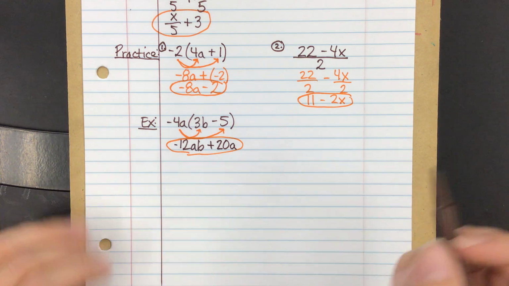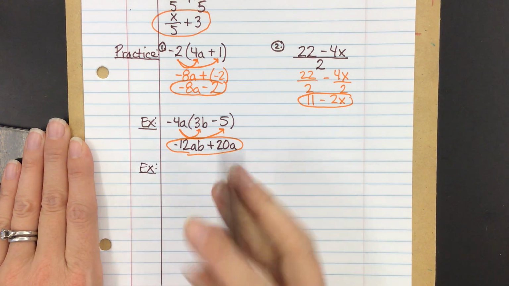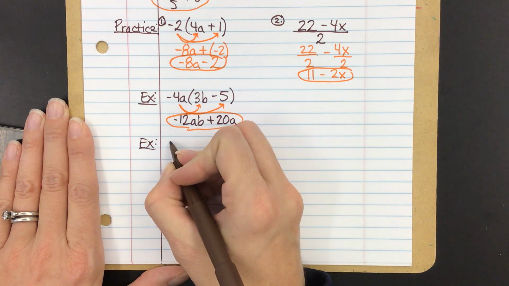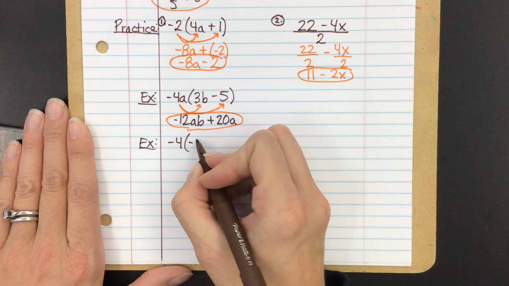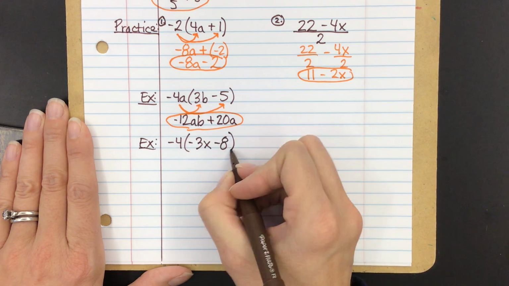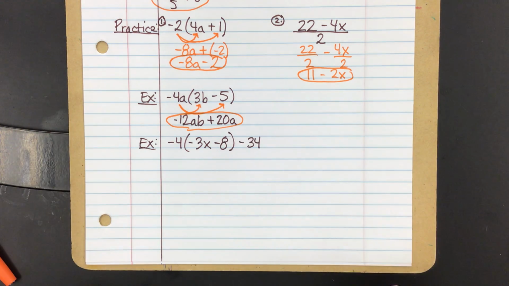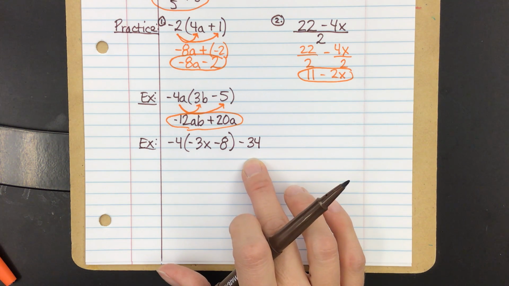Okay, so let's get real here. Let's do one that has some extra stuff going on. So let's do negative 4 times negative 3x minus 8, minus 34. Well, this is not involved in the parentheses.